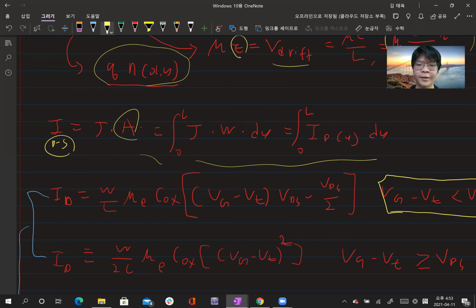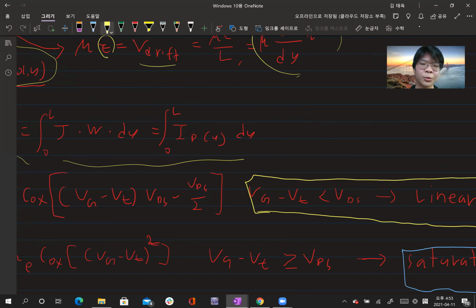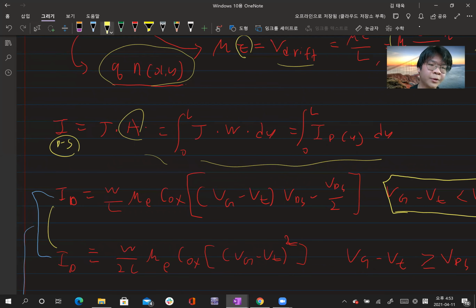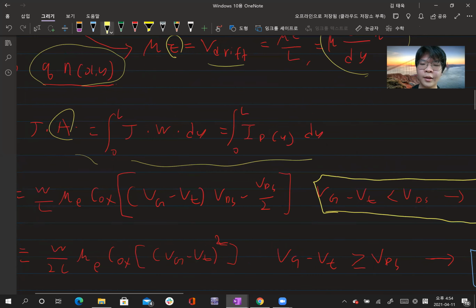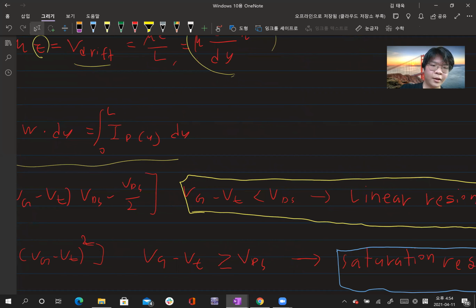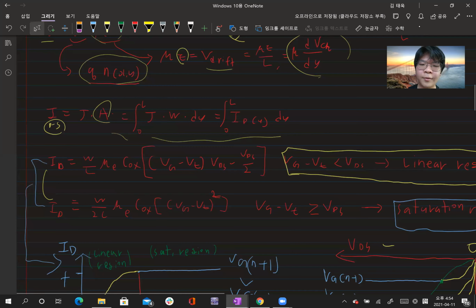We get two types of equations. We call these the transistor equations. If the difference between the gate bias and threshold voltage is lower than the drain-source voltage, we call this the linear region.